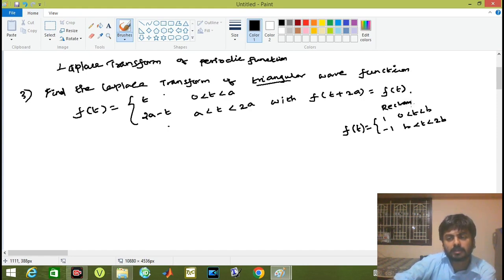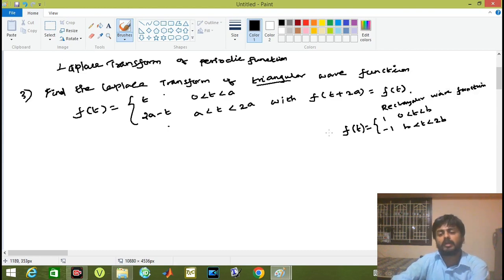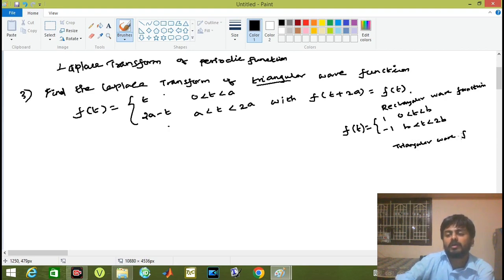Now in the question we have given a triangular wave function. So here they have given f of t.